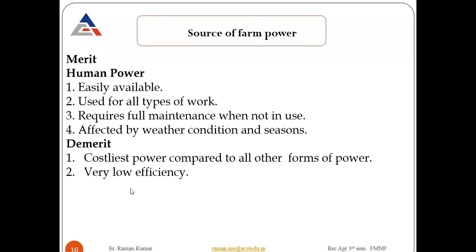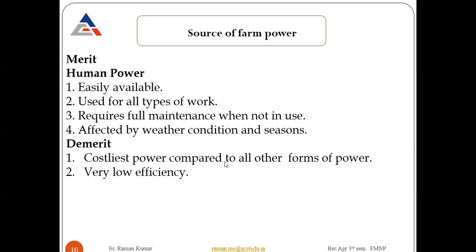Demerit: very low efficiency, as everybody knows. A human can produce only 0.1 HP of work, so very low efficiency compared to other power.